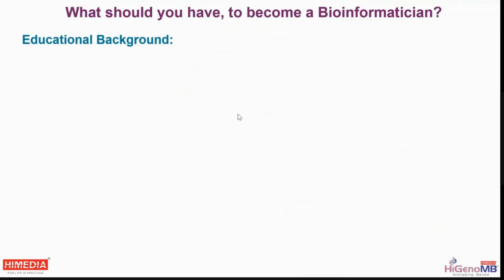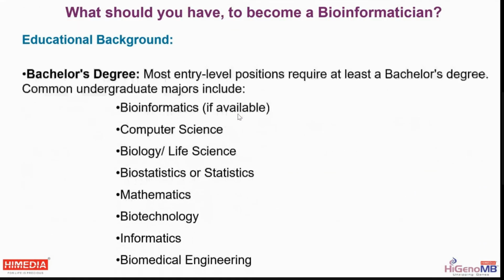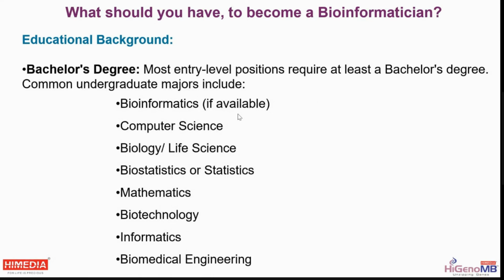But how to reach there? For that, you need a certain educational background, like a bachelor's degree. You must have a bachelor's degree in bioinformatics, if available in your area, as there are certain universities which run courses or degrees in bioinformatics.